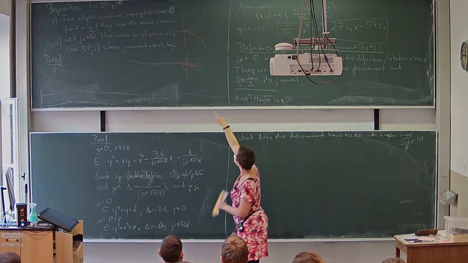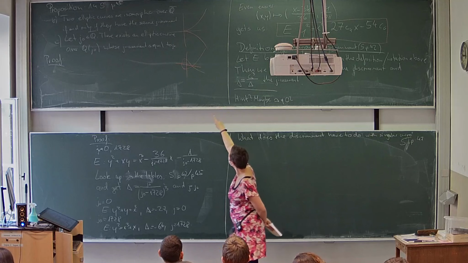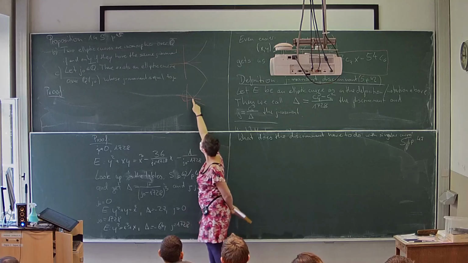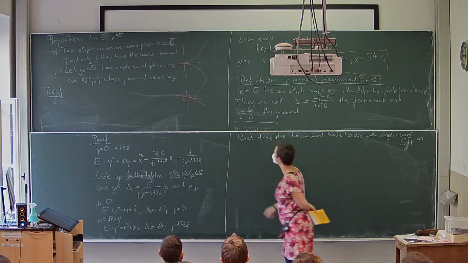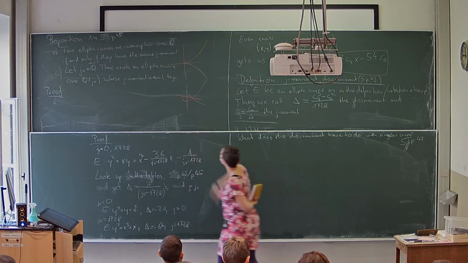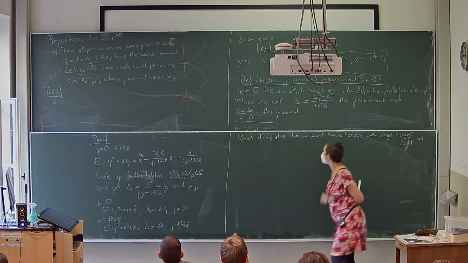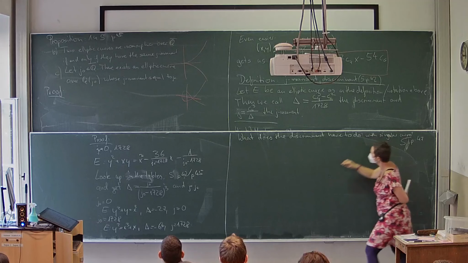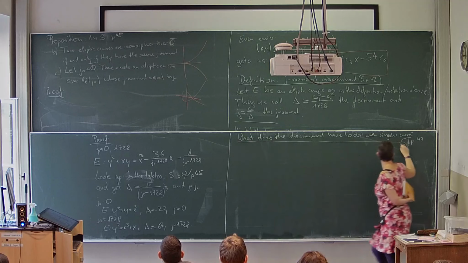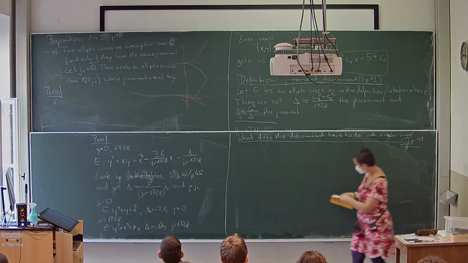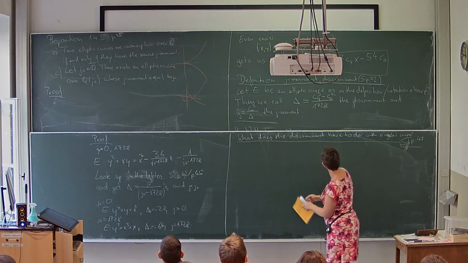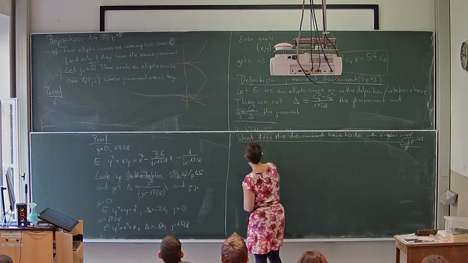If you look here, this is exactly our problem. We have here a root that has multiplicity 2, and here we have a root that has multiplicity 3, and the discriminant tells us things about this.